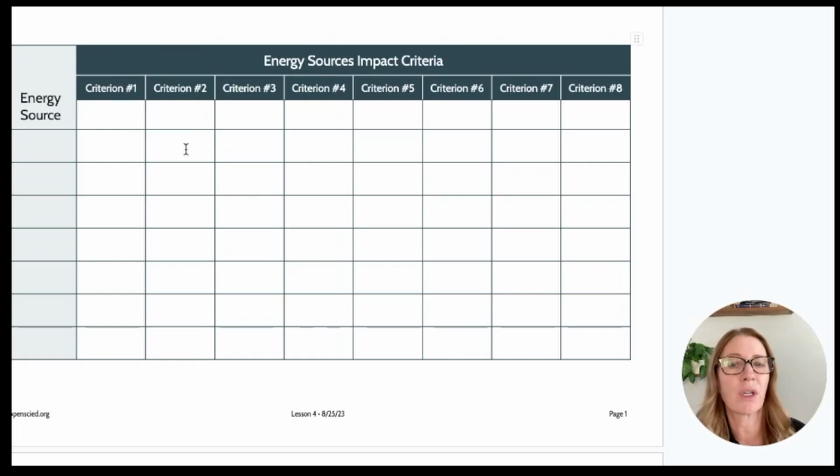Then students are going to choose their own criteria for numbers 2 and 3, and maybe something you could suggest is high efficiency. We're going to use this thinking later when we design our own electrical system, or grid, for our community that's reliable. This is going to help us make decisions on what types of energy sources to include in our design solution.